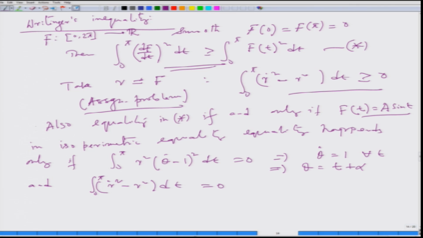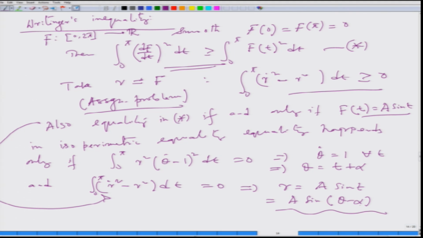But now from this part it follows that we must have r equal to some a sin t, which is equal to a sin of theta minus alpha.